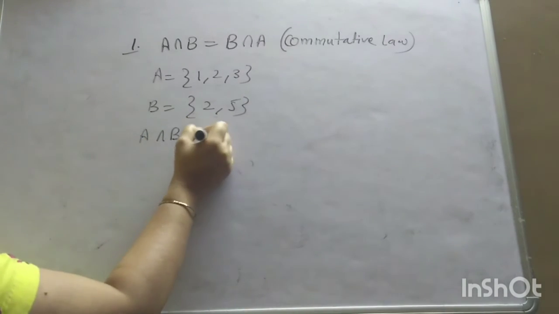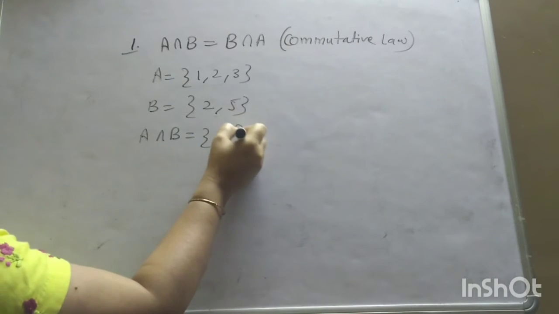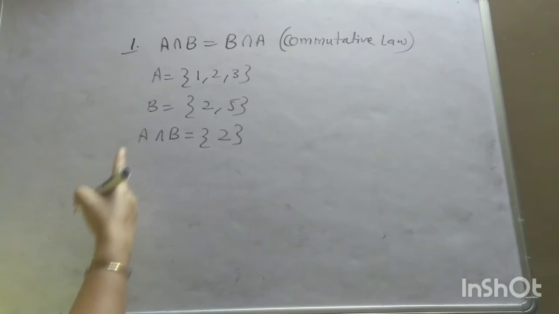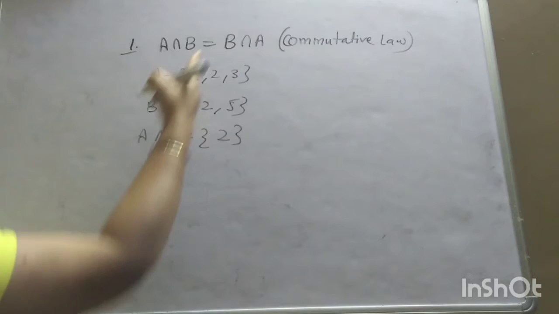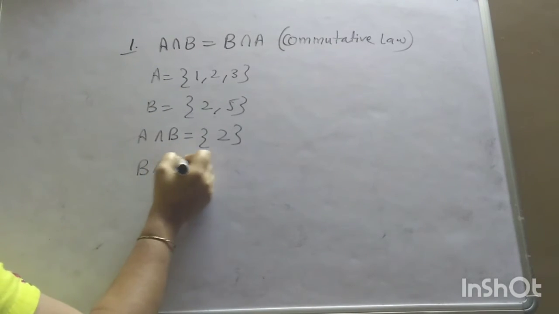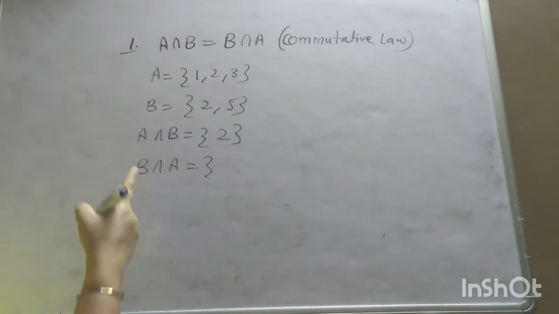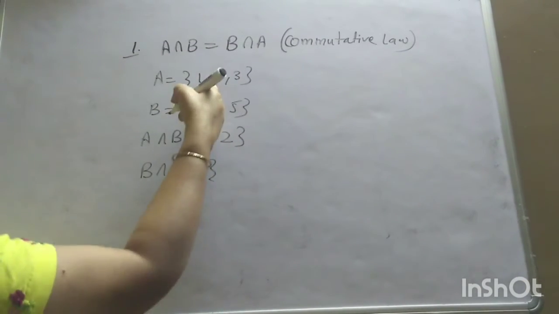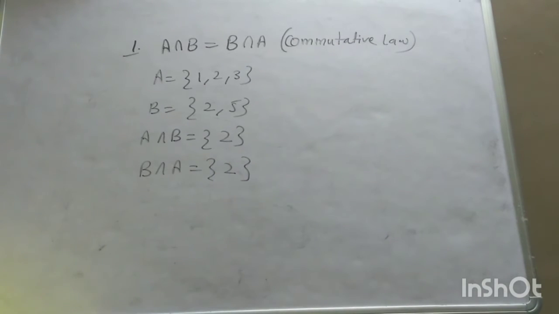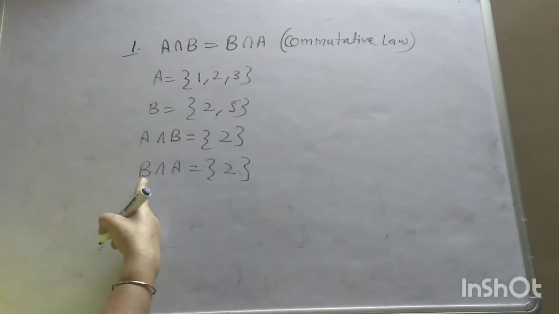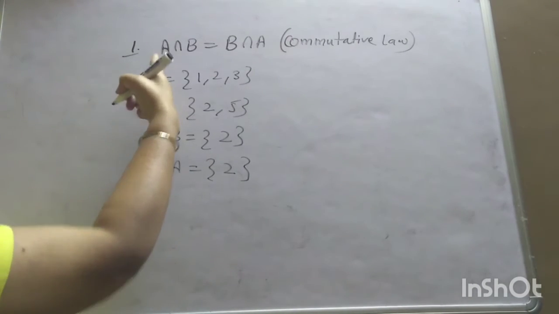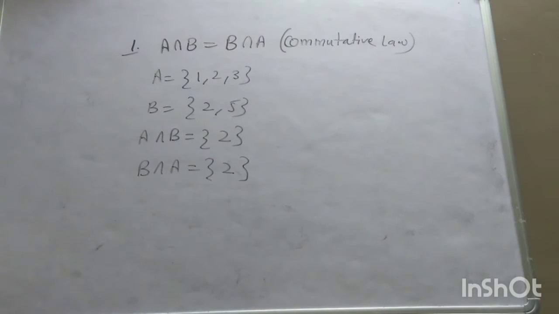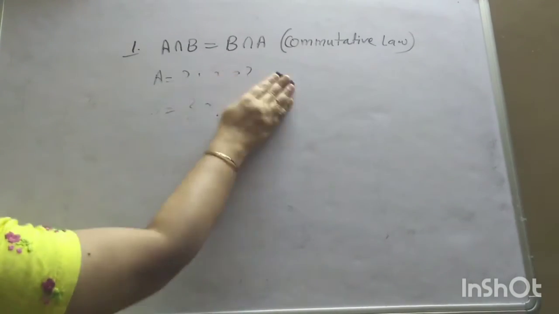Intersection means common element. So 2 is the common element. Therefore, A intersection B is 2. Now, B intersection A again means common element, so 2 is the common element. So B intersection A is also set 2. Therefore, A intersection B is equal to B intersection A. This is commutative law.